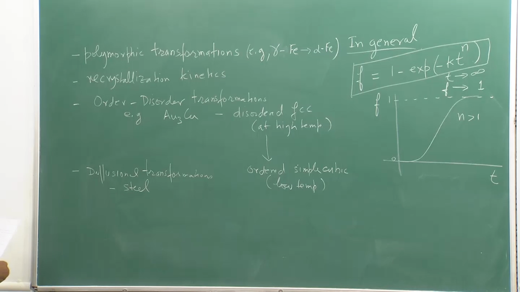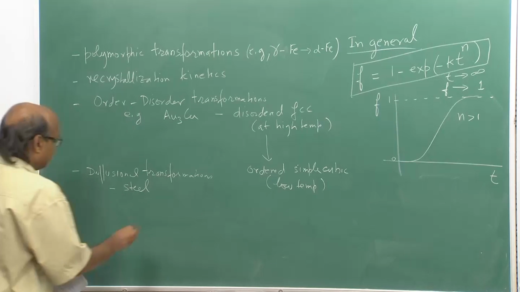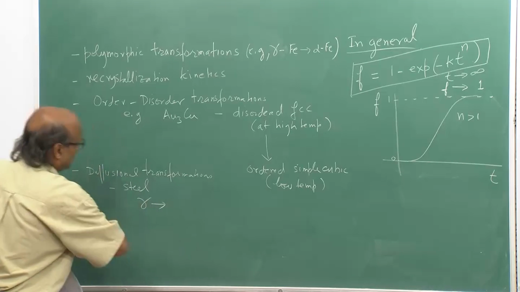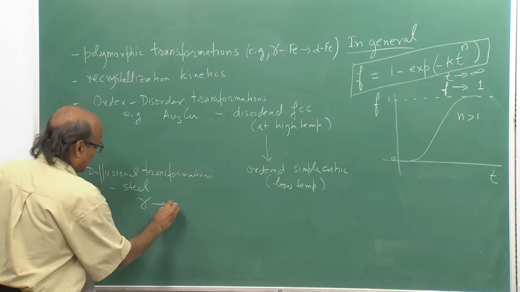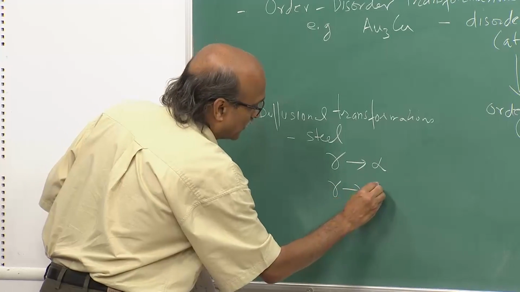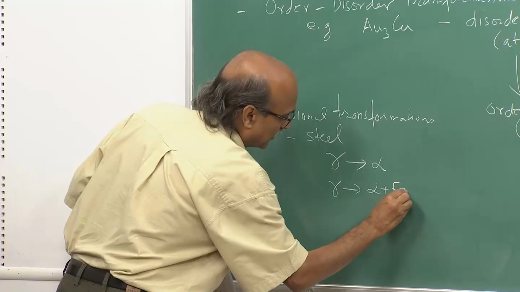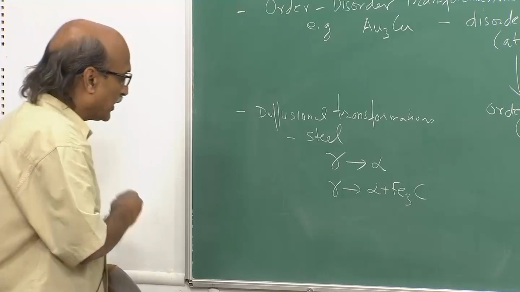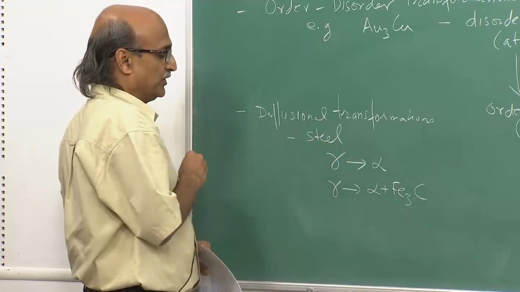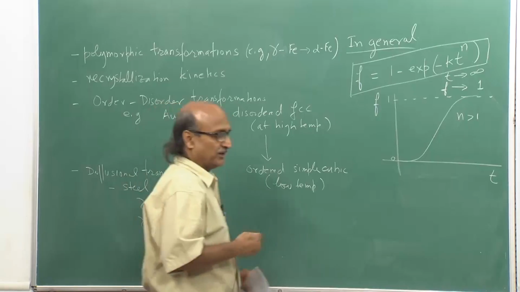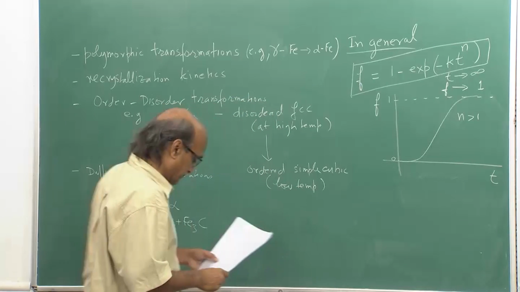In the iron carbon system, gamma austenite can transform to ferrite, austenite can transform to pearlite, lamellae of ferrite and cementite. One can look at these transformations in the light of the Avrami relationship.